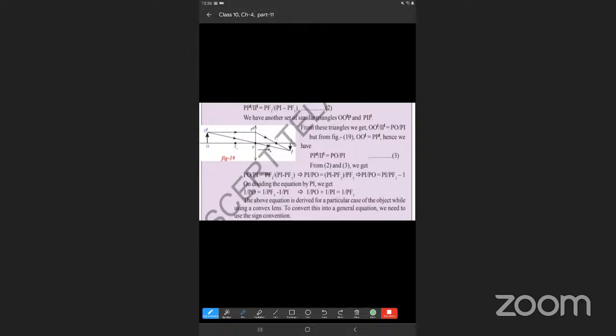Here the LHS are equal, so the RHS are also equal. So from equations 2 and 3, PO by PI equals PF1 by PI minus PF1.